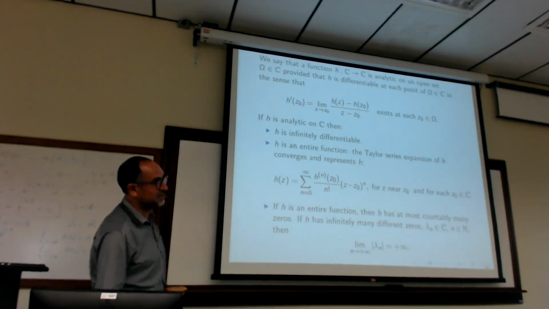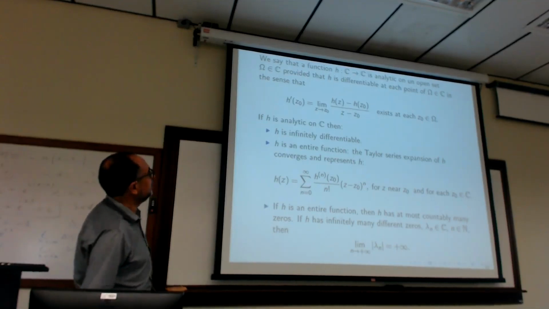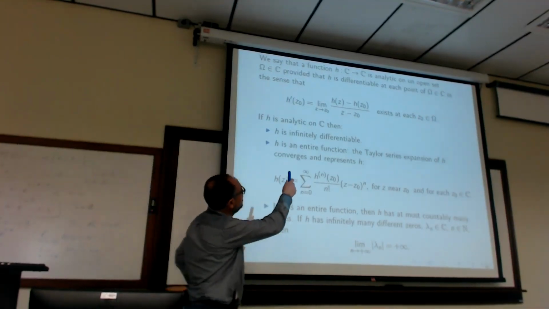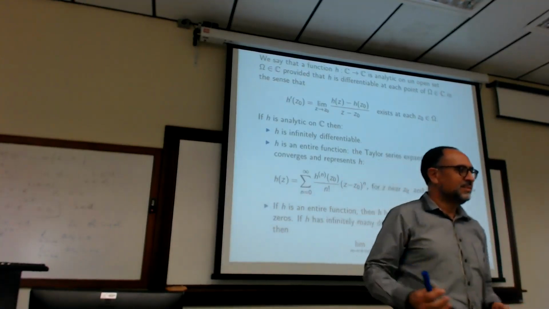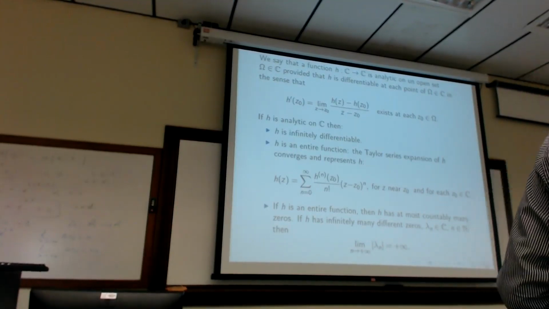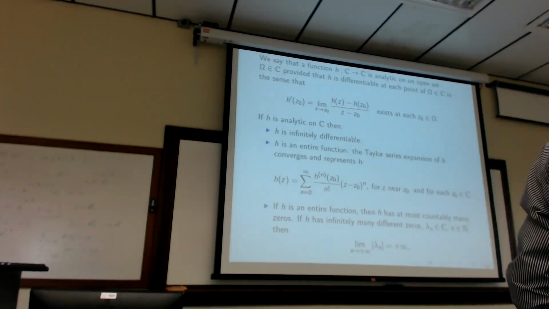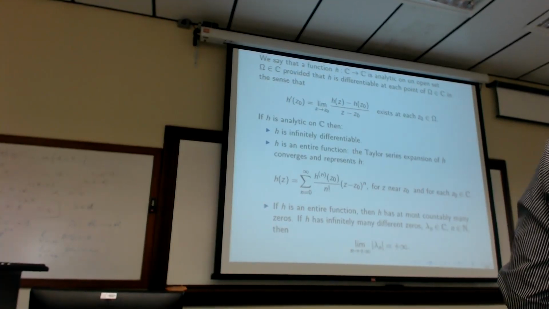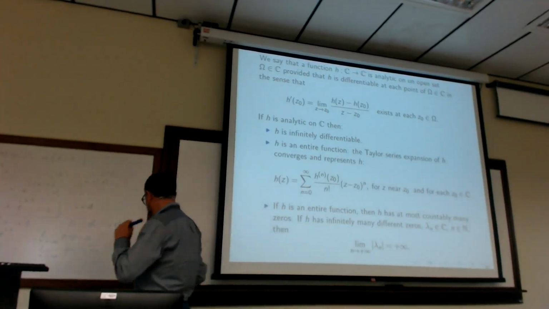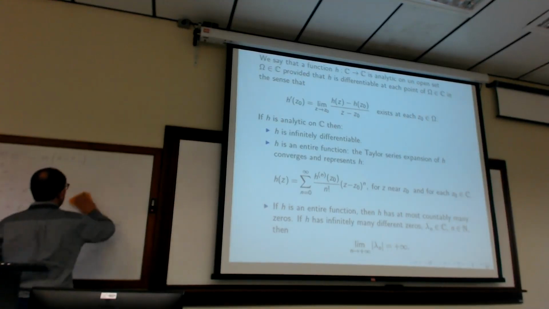An analytic function is a complex function from C to C. We say that it's analytic if and only if it's differentiable at each point in the whole complex space. This is the definition of an analytic function.